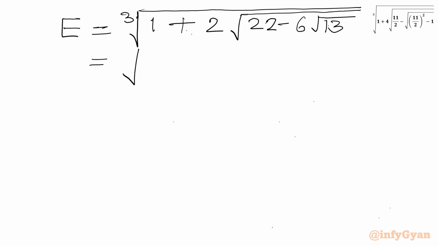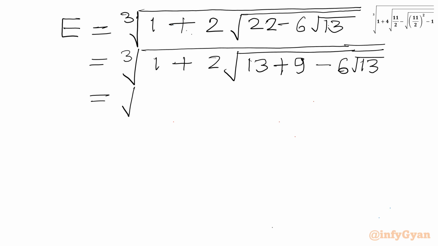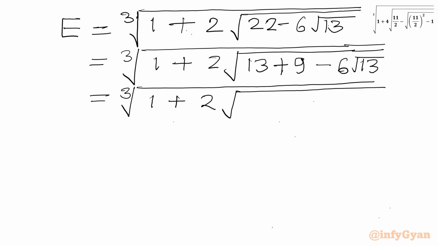Now let us split 22 as 13 plus 9, it is 22, minus 6 root 13, or I can write cube root of 1 plus 2 times square root. Now 13 can be written as root 13 square, 9 can be written as 3 square, minus 6 root 13 we can write 2 times root 13 times 3.